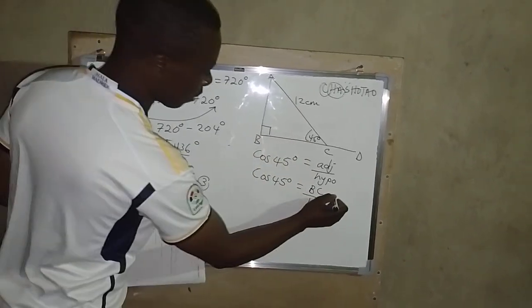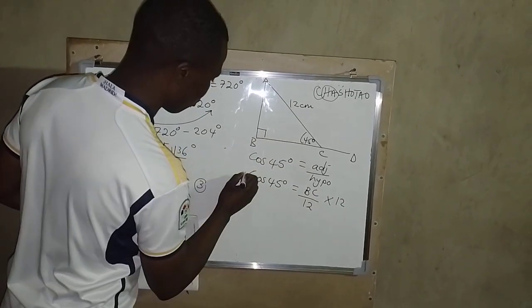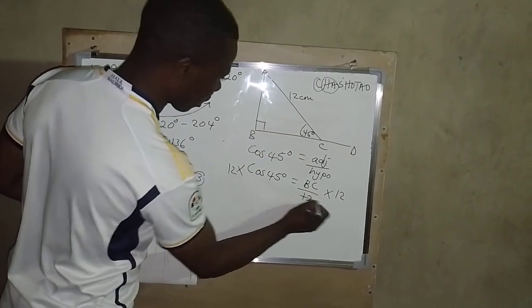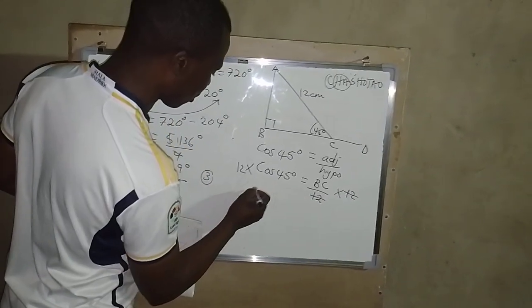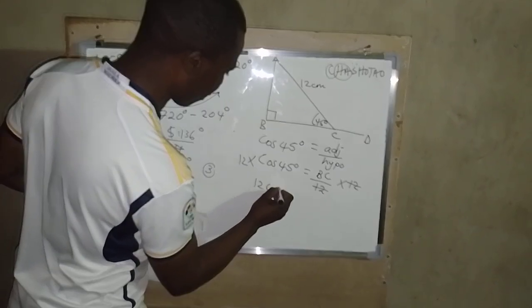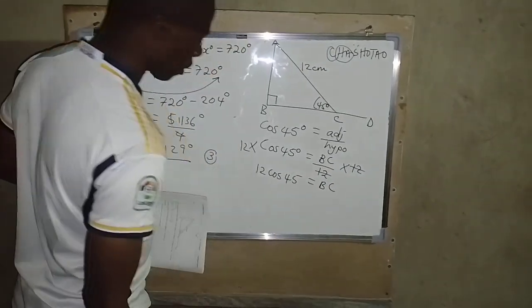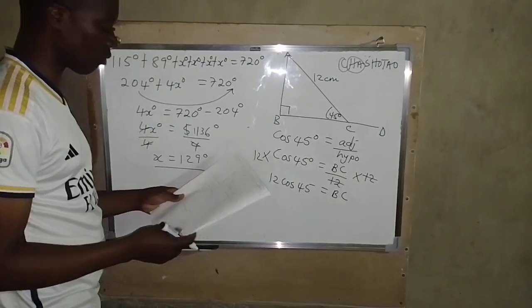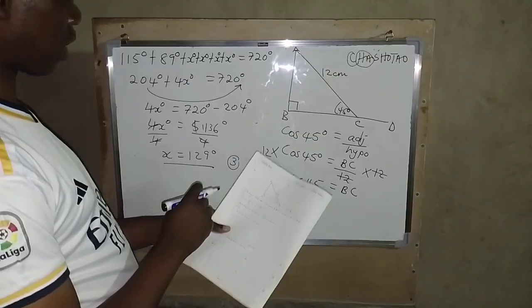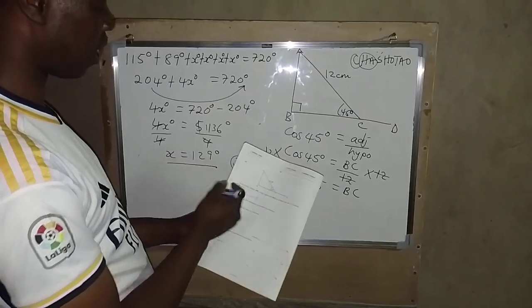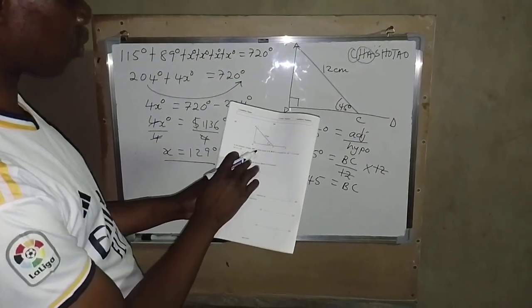And let's multiply both sides by 12 to make BC the subject of the formula. So 12 times cos 45, this is 12 cos 45 equal to BC. What is cos 45 there? Cos 45 we are given as root 2 over 2.